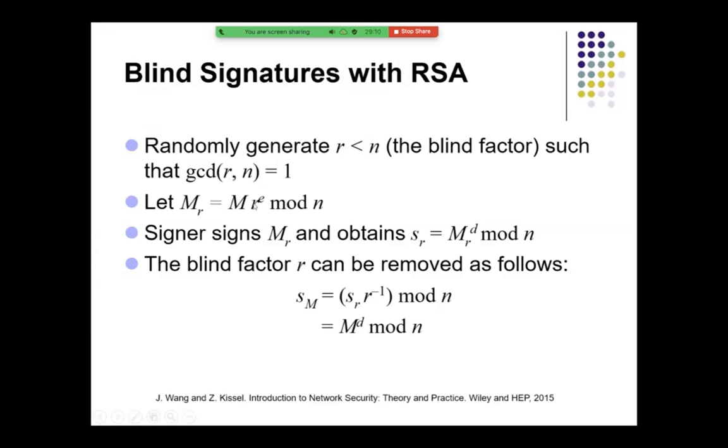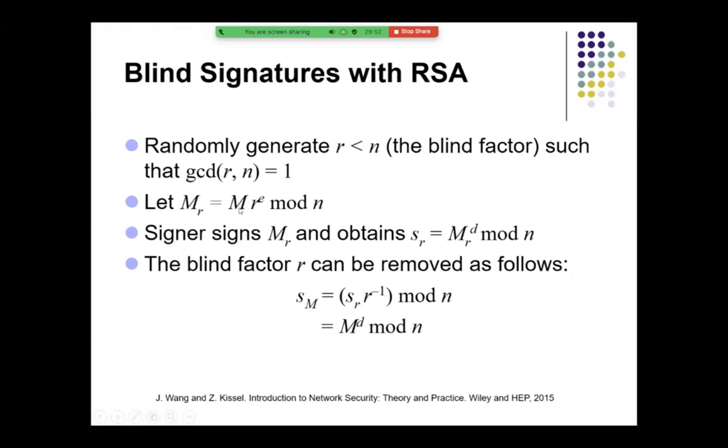So I'm going to use R to hide this M inside another message. Here I am encrypting R using RSA, so this part is the encryption of R. What I'm really doing is to obtain the multiplication of M and R to the E power mod N. That's M sub R.